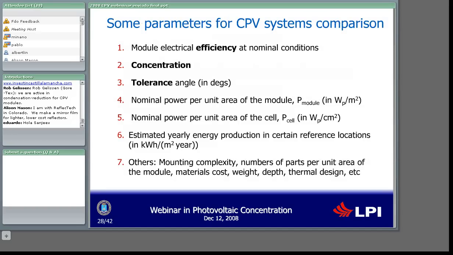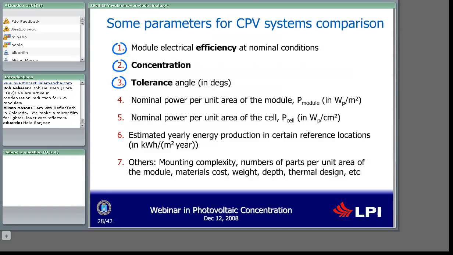We could also talk about the power per unit area of the module or per area of the cell, energy production estimated in certain locations, or other items. We're going to select three of them that we consider relevant for the final cost of the energy, and would be these first three.